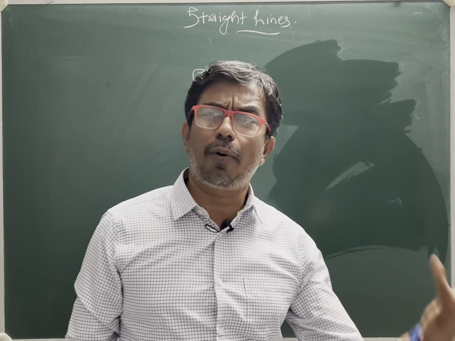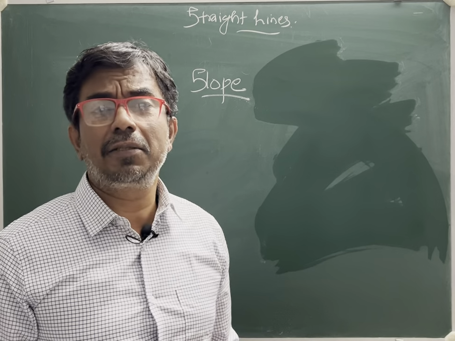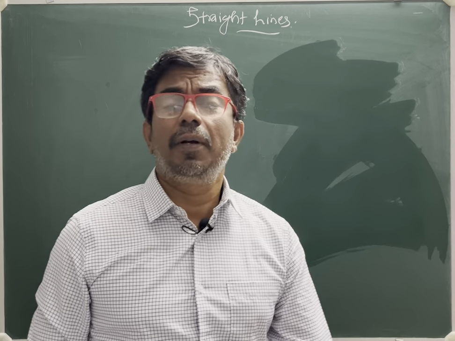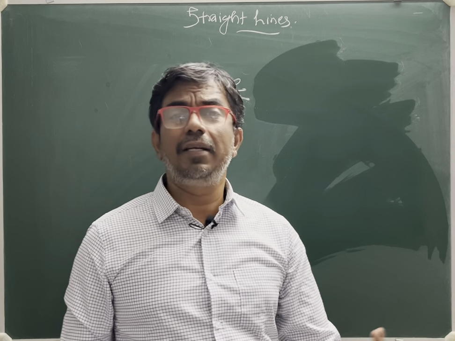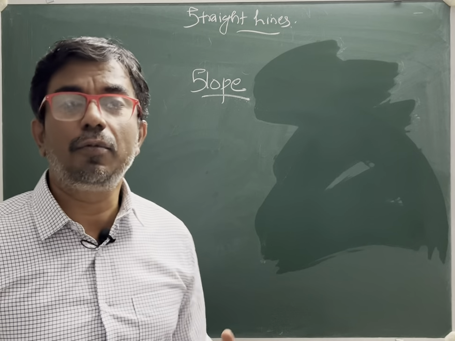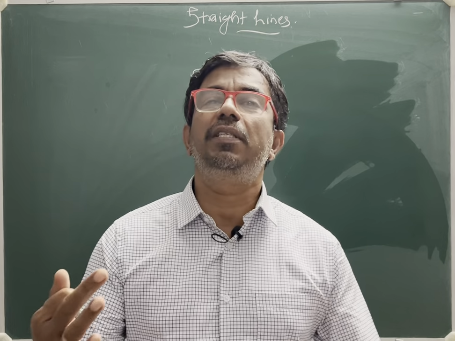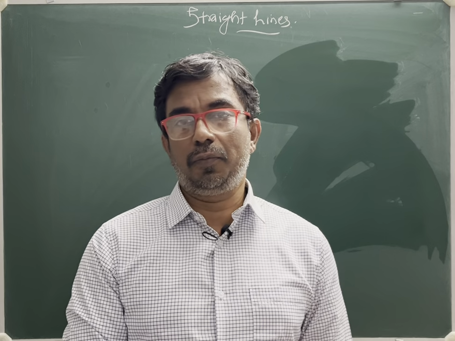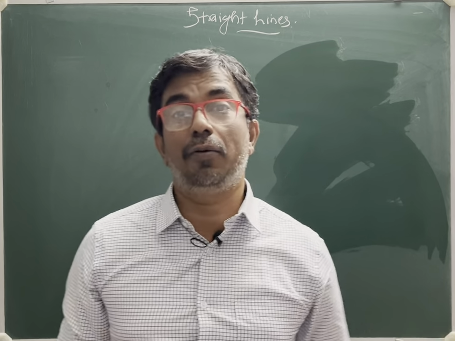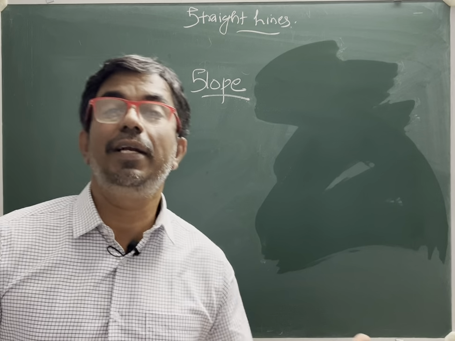We have spoken about parallel lines, coincident lines, intersecting lines, their pair of equations in class 10. So now we will think about the slope of a line. What is actually slope? Slope is nothing but the steepness. When you climb a mountain, if the steepness is high, we find it difficult to ride a bicycle.